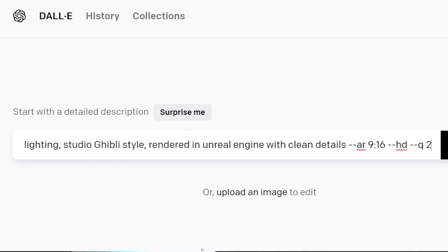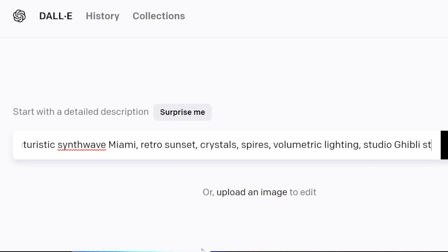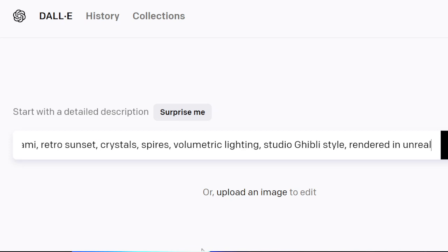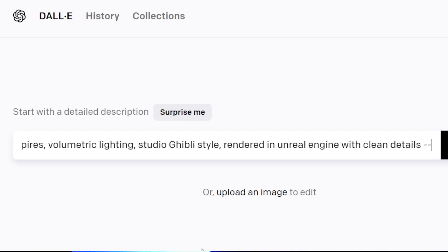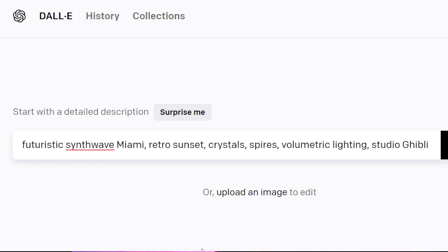Let's see if it'll work with that. Retro sunset, studio style, rendered in Unreal with clean details. So I just put, you know what? Let me put New York in it because the New York skyline is so popular. New York City, futuristic synthwave, New York City.